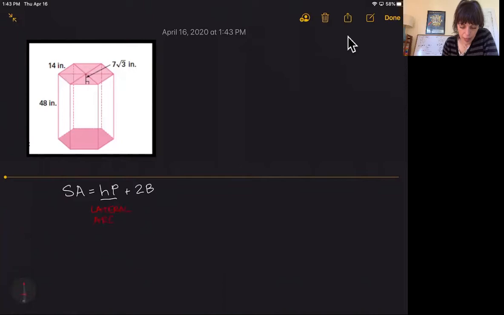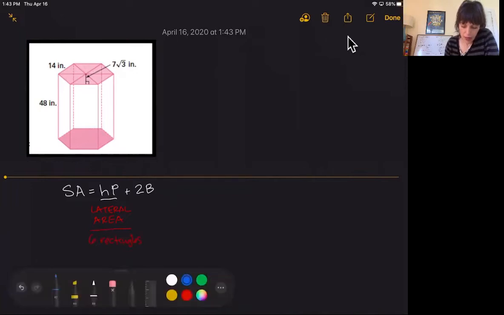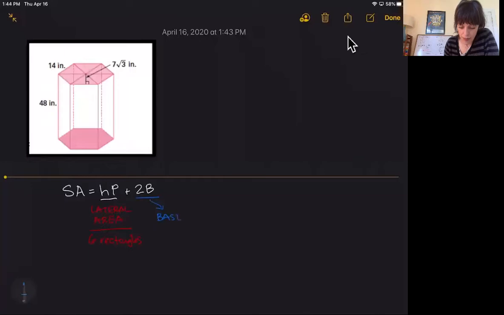And that means that's the rectangular surfaces, in this case, 6 rectangles that connect the 2 hexagons. And then the 2B is the area of the bases. In this case, that's going to be 2 hexagons.